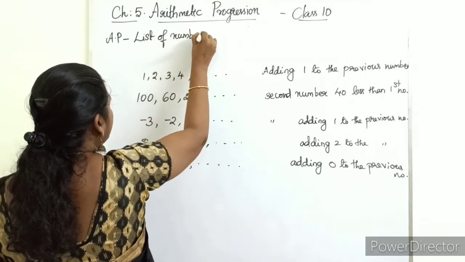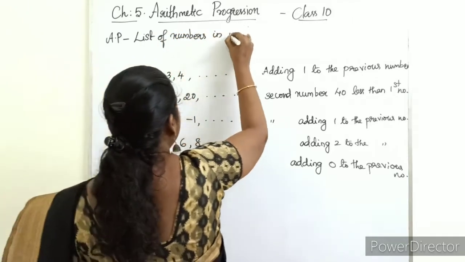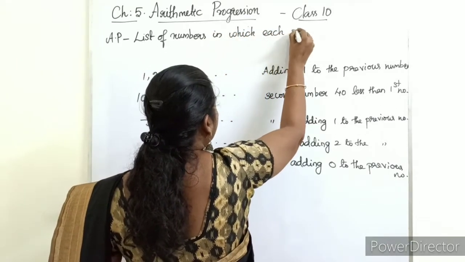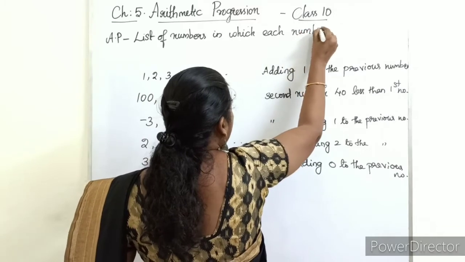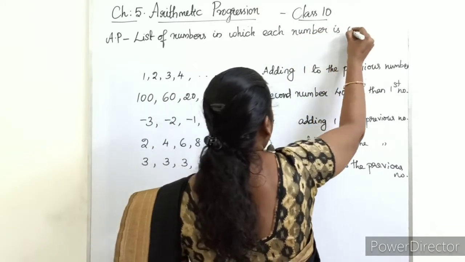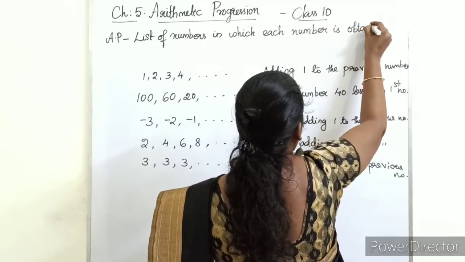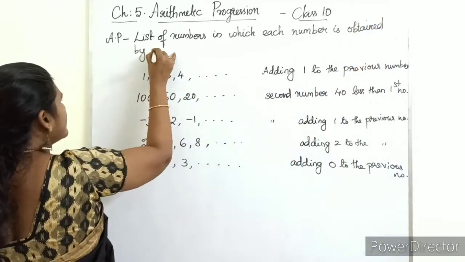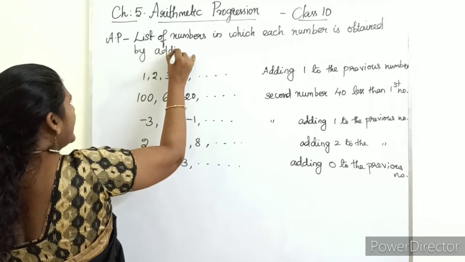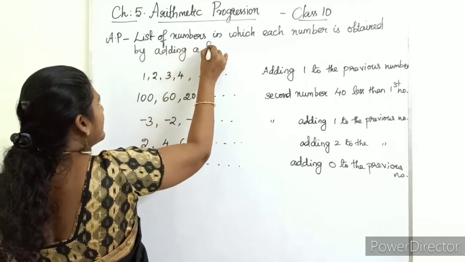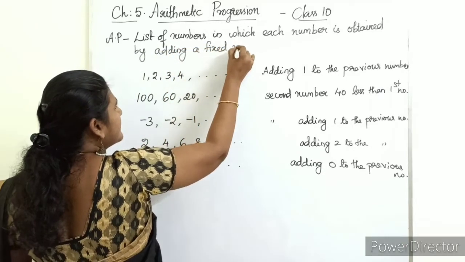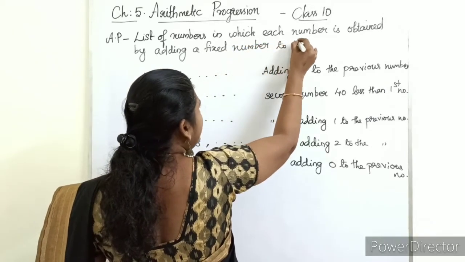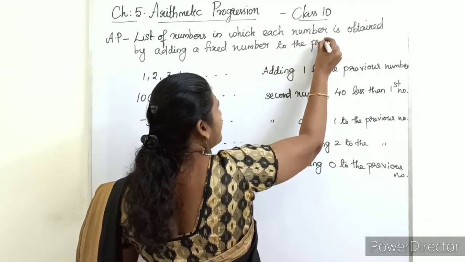So you write the arithmetic progression definition: list of numbers in which each number is obtained by adding a fixed number to the preceding number.